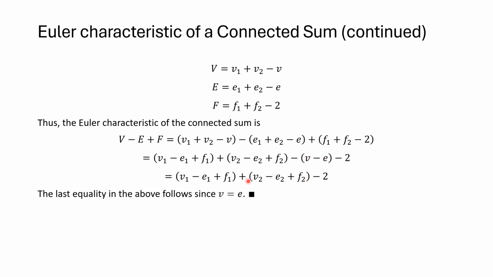And so we've shown that after you remove a hole from the two surfaces and then connect them together, the Euler characteristic is minus 2.